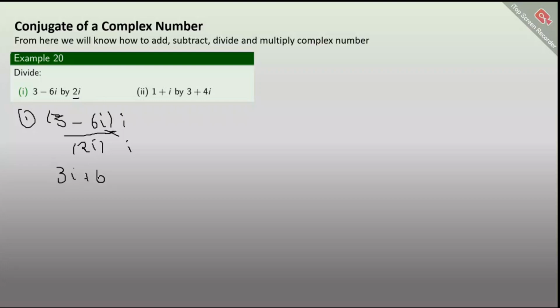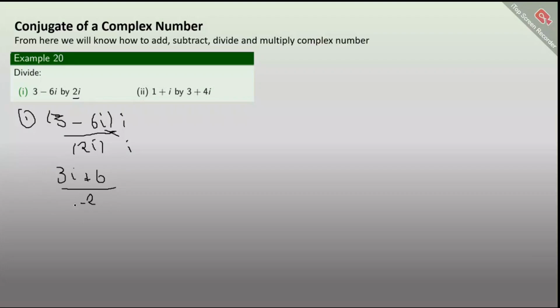So negative times negative 6, a lot of people make mistakes on that one. Be careful. The denominator is going to give us negative 2. I repeat, i times i is equal to what? Negative 1.